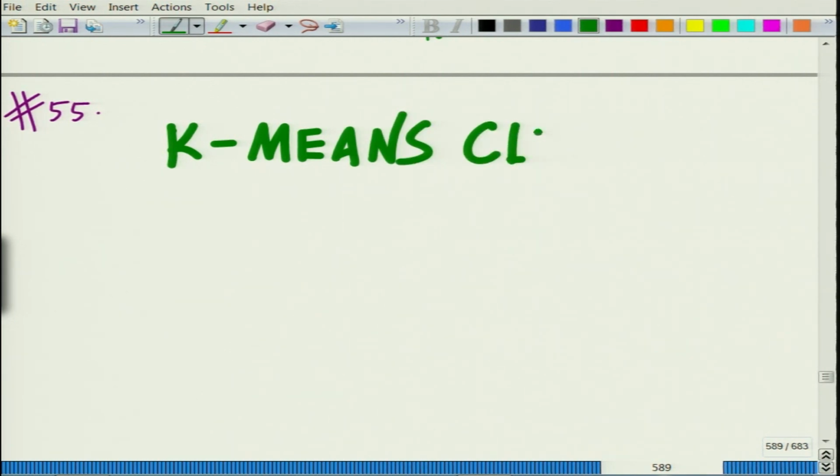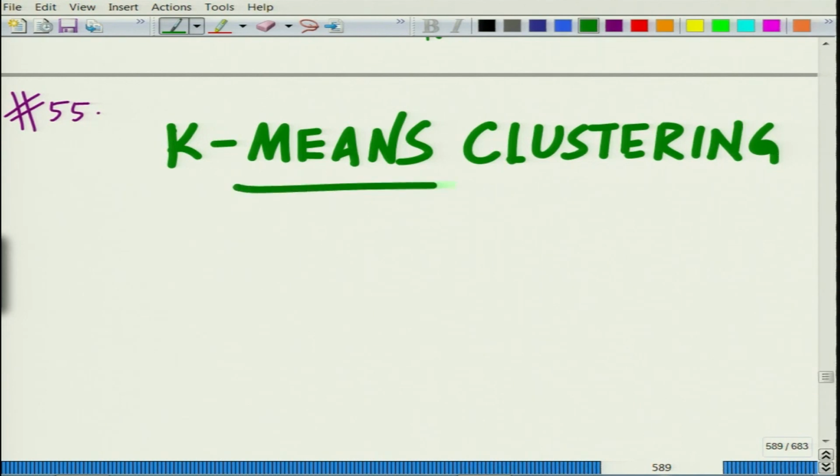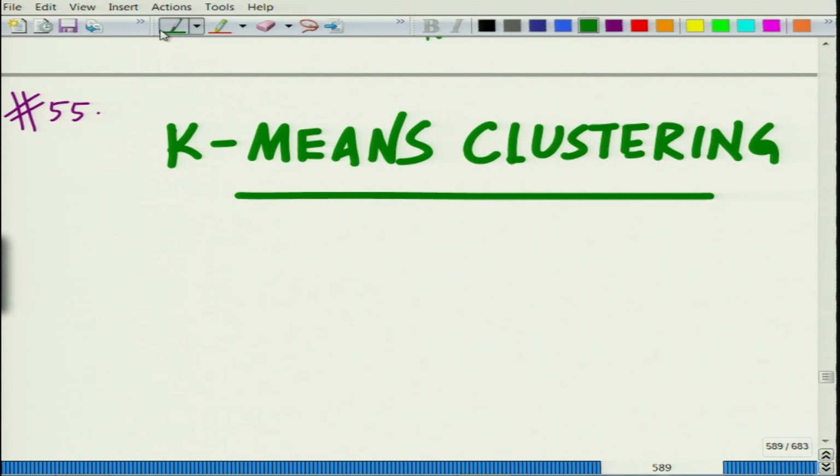We are looking at the k-means algorithm for clustering.